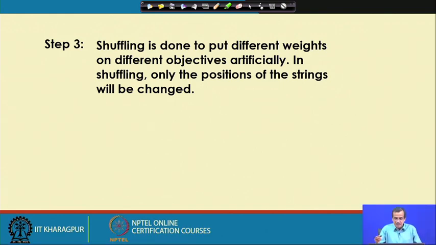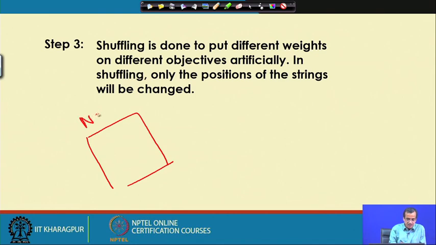Now, whatever I discuss, let me put it here in a schematic form. Supposing that I have a large population, that is capital N equal to 1000, and I have the number of objectives q equal to 10.